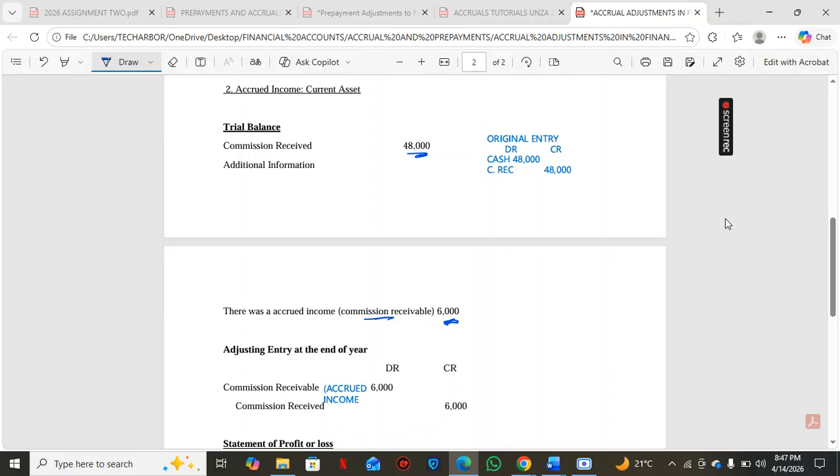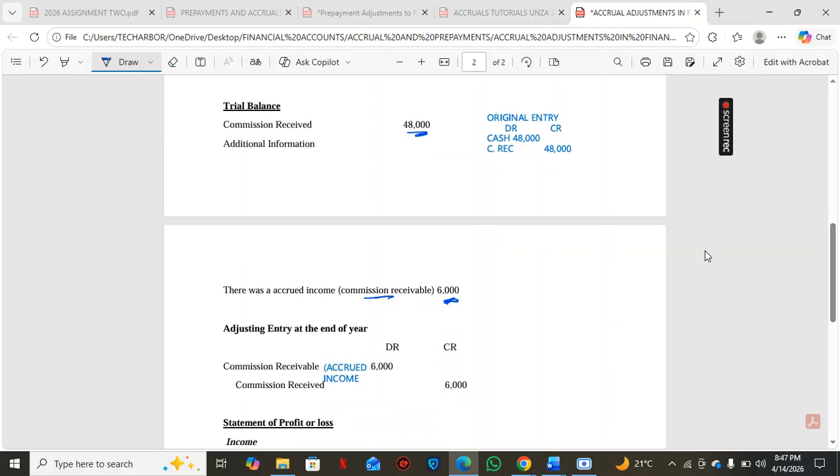So for the adjusting entry, you're going to debit commission receivable 6,000. This accrued income you're recognizing as a current asset. That's why we put this debit entry here. In a financial statement, commission receivable, rent receivable, interest receivable are the accrued incomes.